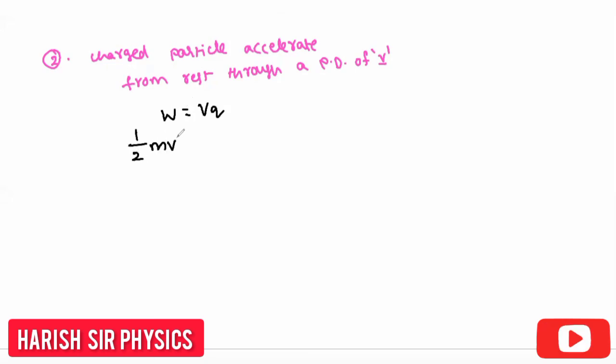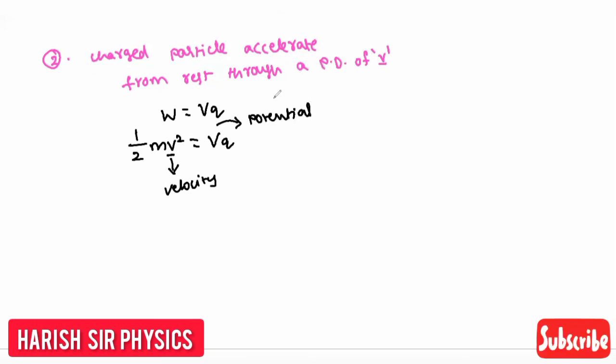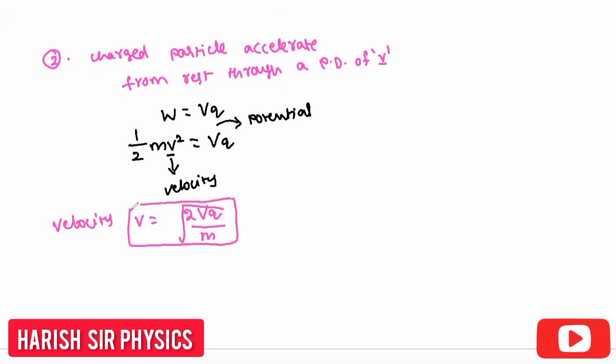So work done W is equal to half mv square is equal to V into Q. Here v is velocity and V is potential. So velocity v is equal to 2VQ divided by M under square root. This is the velocity of a particle accelerated from rest.